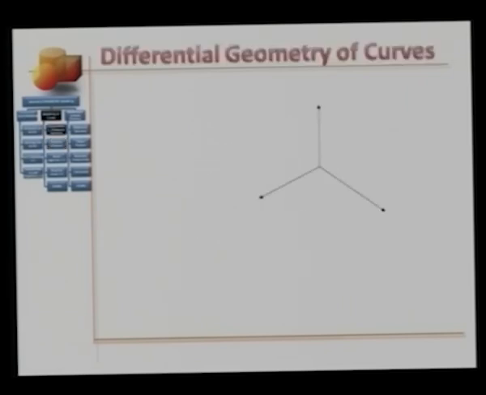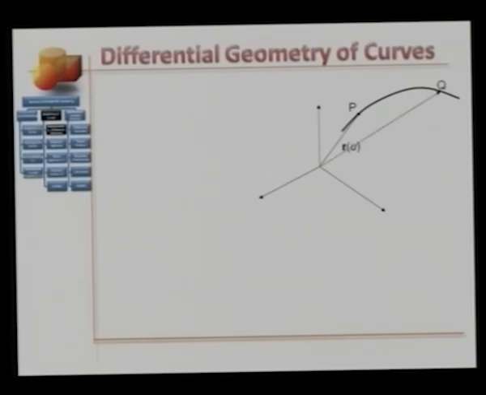Now let's draw the Cartesian space and let's draw a curve in space. Let's say we have point P on the curve, another point Q on the same curve. The position vector of P is R(u). Remember, we chose to work with parametric representation.